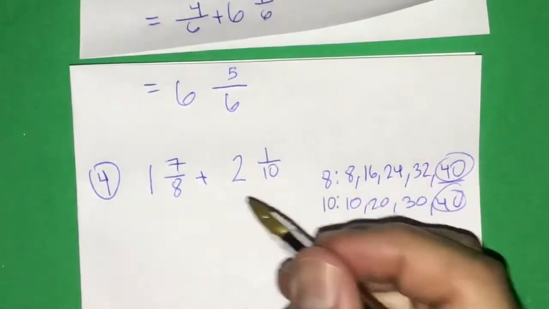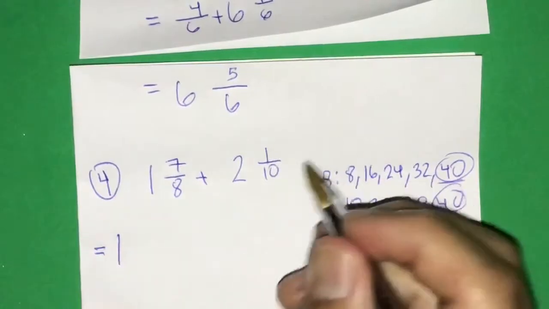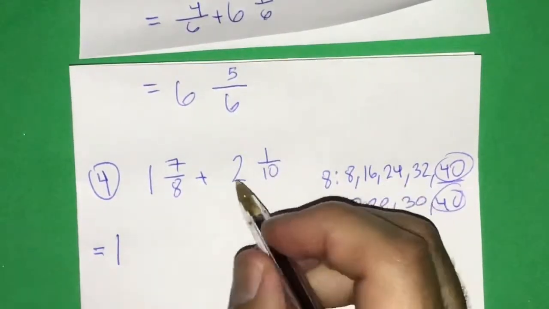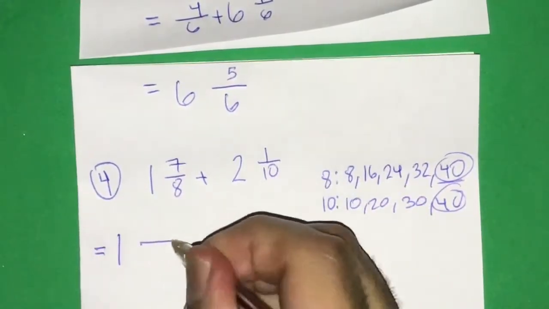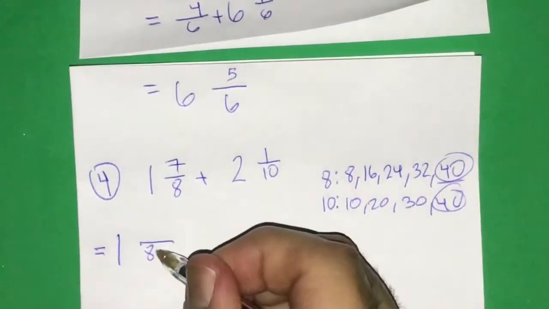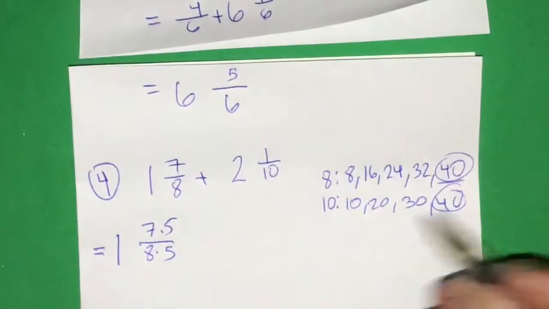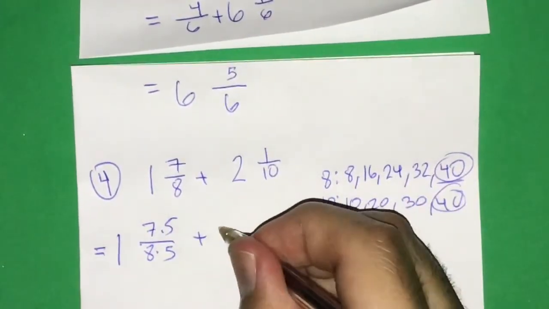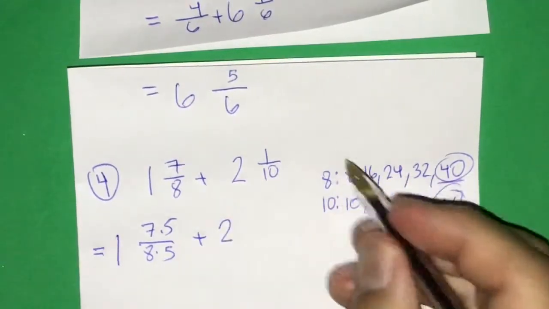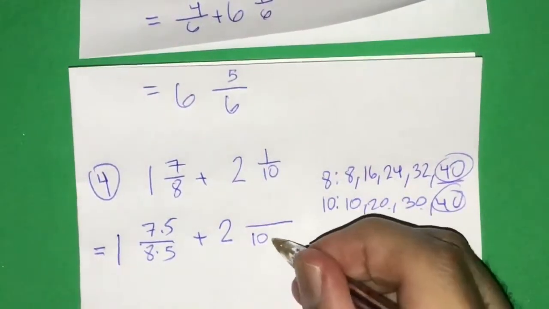Okay, so let's go ahead and see what our equivalent fractions are going to be. So we're going to see 1, and we're going to get 8, and we're going to have to multiply 8 by 1, 2, 3, 4, 5. And we're going to have to multiply the 7 by 5 to get equivalent fractions. And we get 2. We're going to have to multiply the 10 by 1, 2, 3, 4.